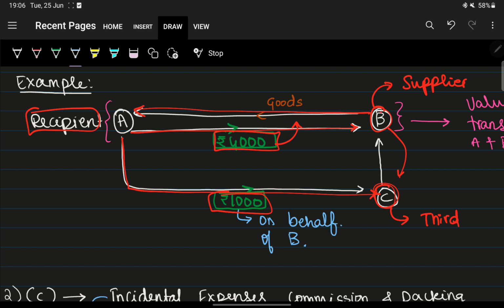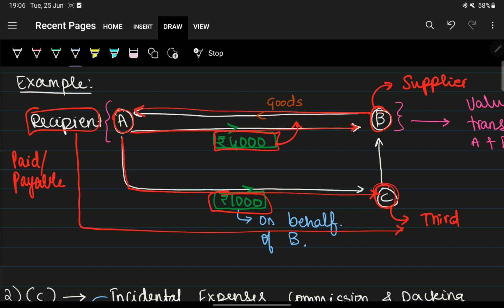That's why A is paying directly to C. Is that clear? So now any amount paid or payable by the recipient of supply to a third party to whom the supplier was liable. The supplier was initially liable to the third party for the transportation, but that payment was made by the recipient.